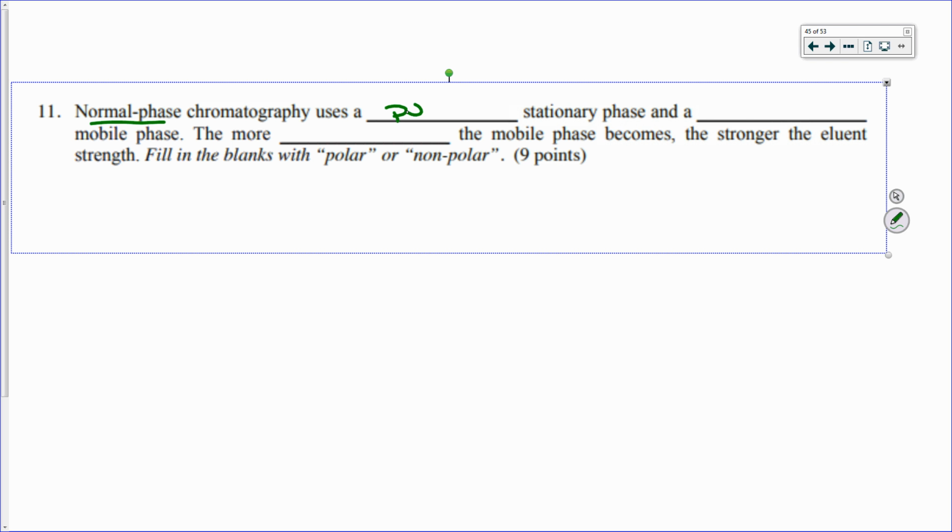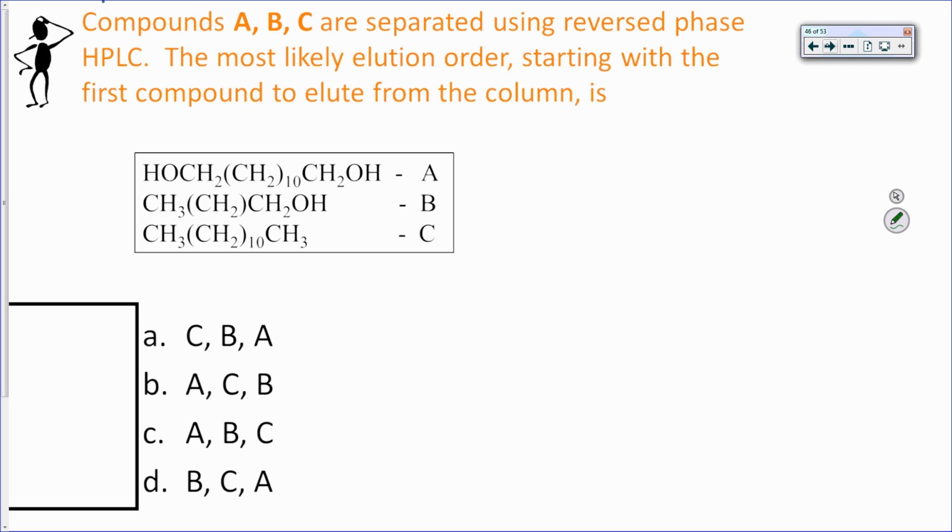It's polar, and then it uses a non-polar mobile phase. All right, so to be a stronger solvent, do I want it to be more polar or more non-polar? More polar. I want it to match the stationary phase, so I want it to be like whatever the stationary phase is, and that's more competition. All right. So that was a test question from a few years ago.